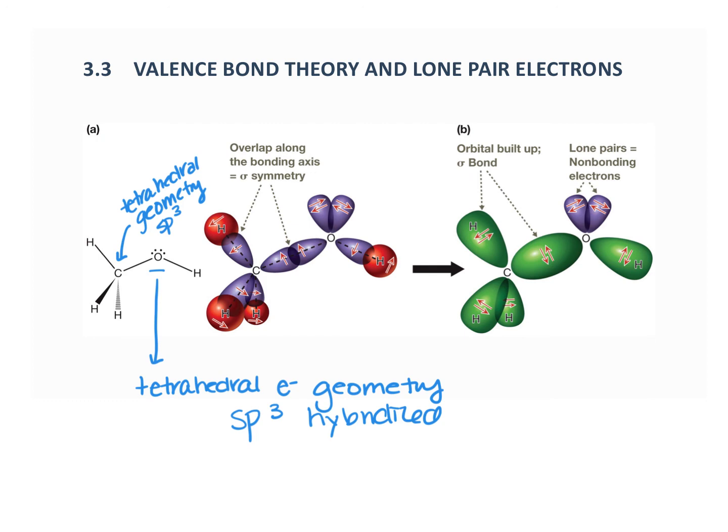So big take-home messages here. We have hybrid orbitals. You can identify hybrid orbitals based upon their electron geometry. What we've learned so far, just as a summary: if something is a tetrahedral electron geometry, that's going to be sp3 hybridized.